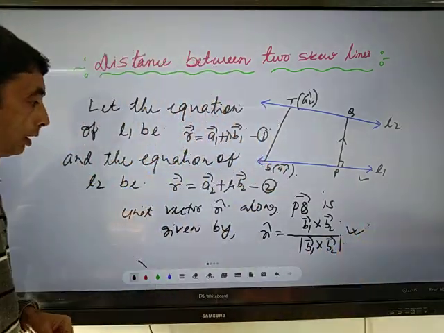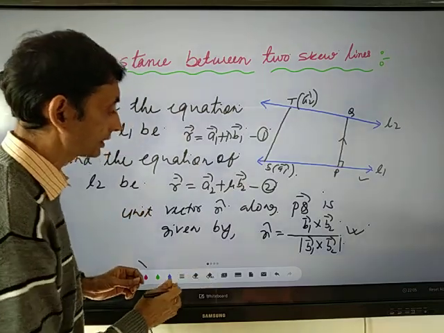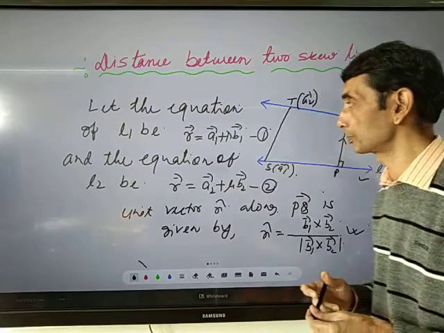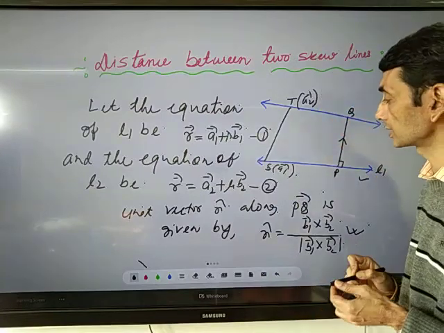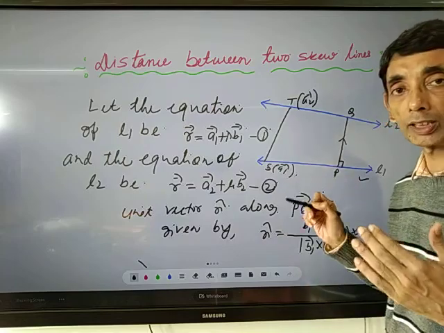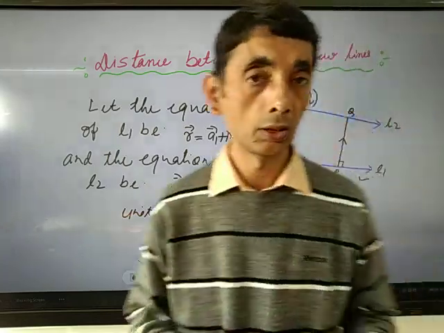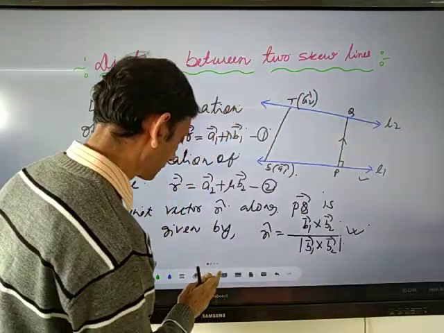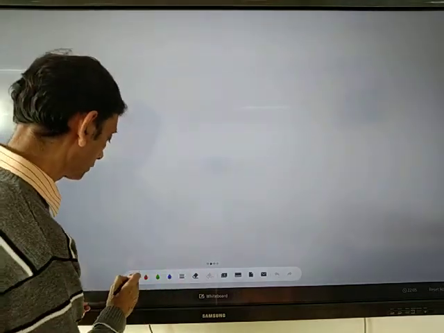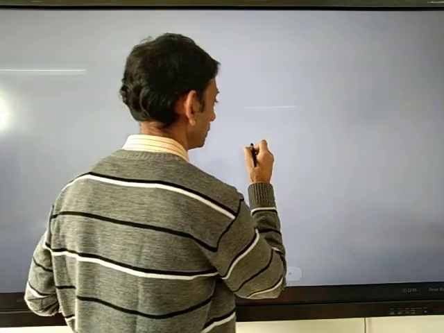Done. Next, let us see how to find the shortest distance. As already explained, to find the shortest distance we need to find the projection of ST along the line of the shortest distance vector. Next, we move to the next page. Here also we need to draw the diagram.